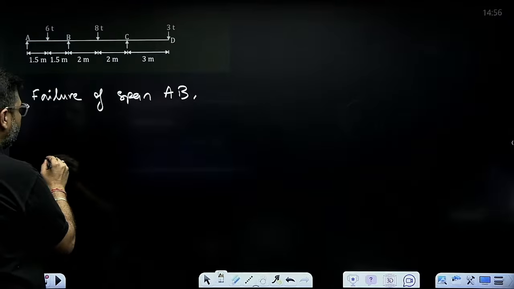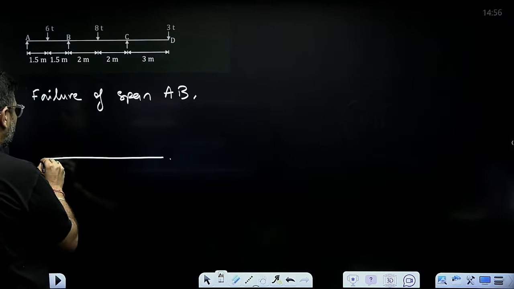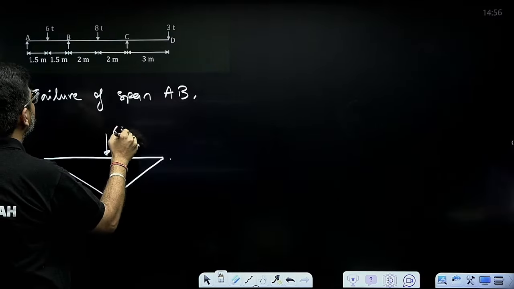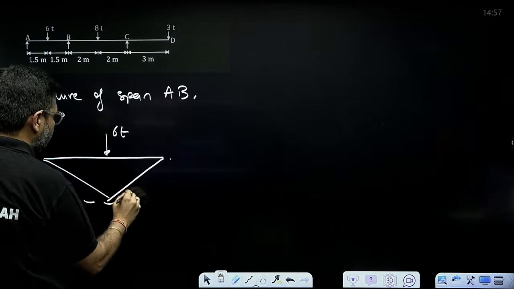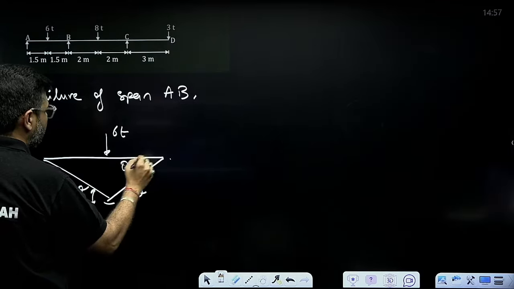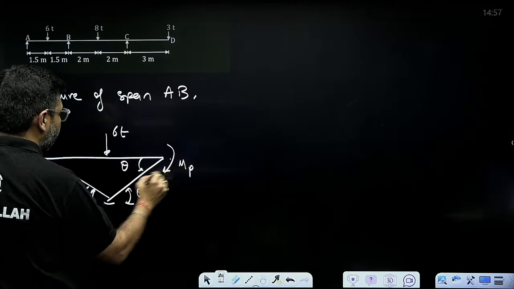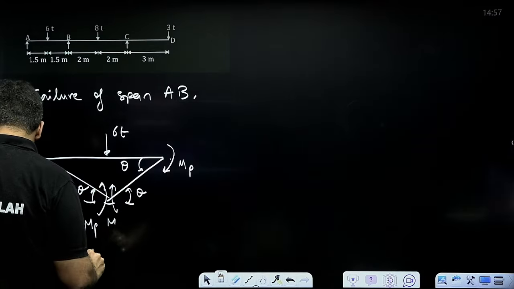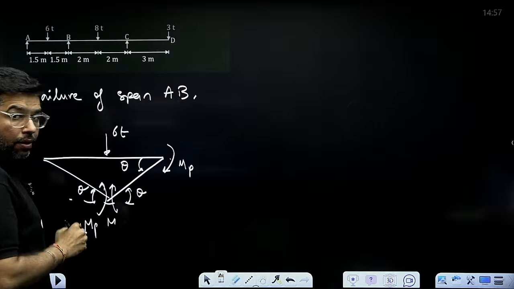So, here it is AB. A hinge will form. This is 6 tons, with rotations theta, theta, theta again. Here we will have MP, MP.